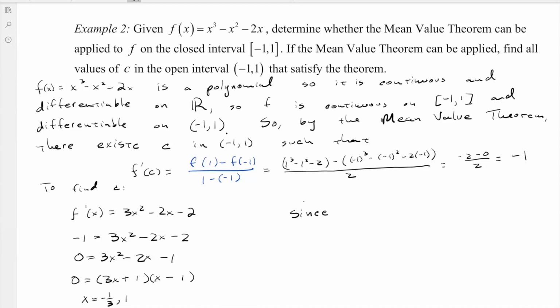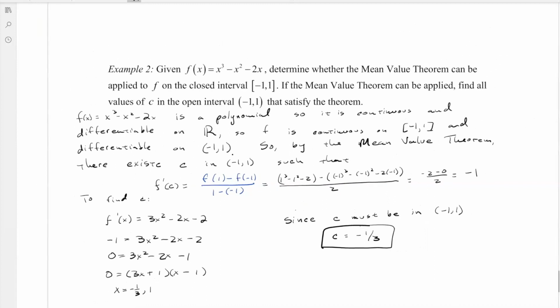Since C must be in negative 1 to 1, C equals negative 1/3. So we found another value, but we only wanted the one between negative 1 and 1. It says find all C in the open interval negative 1 to 1 that satisfy the theorem, and that's this. In other words, negative 1/3 is going to be the place where our function has the same slope as the secant line between the endpoints.